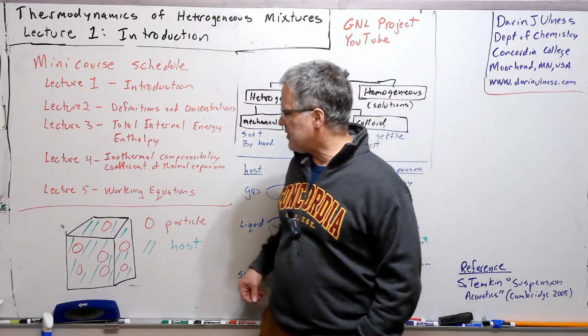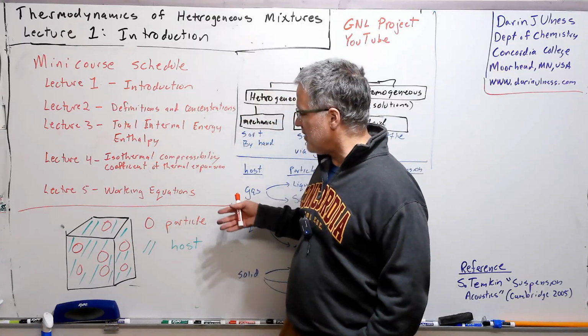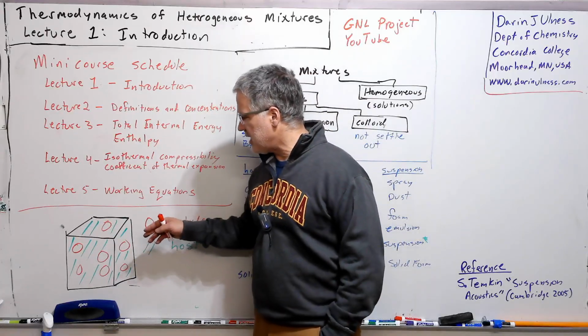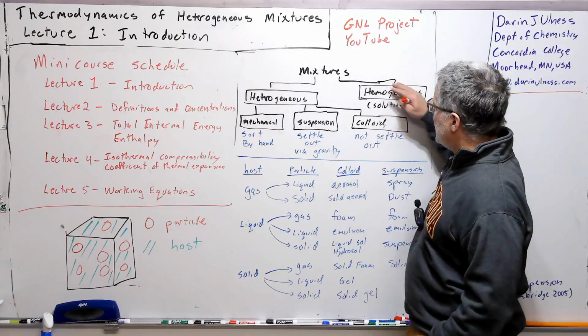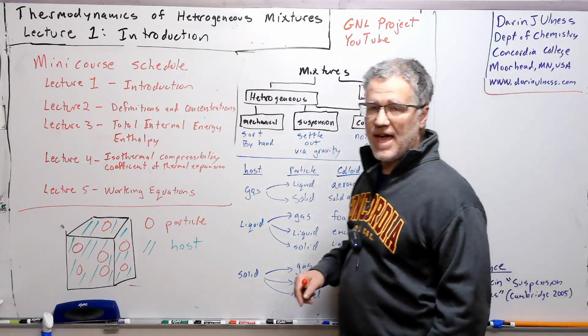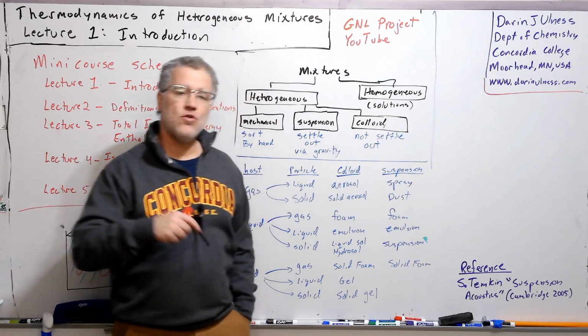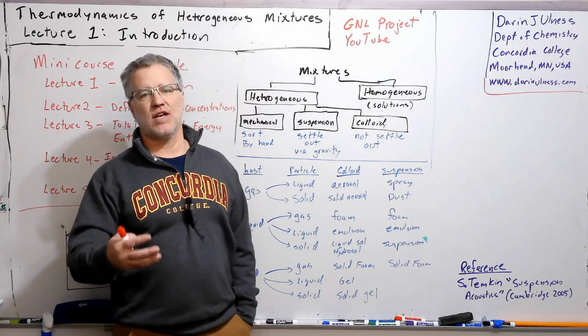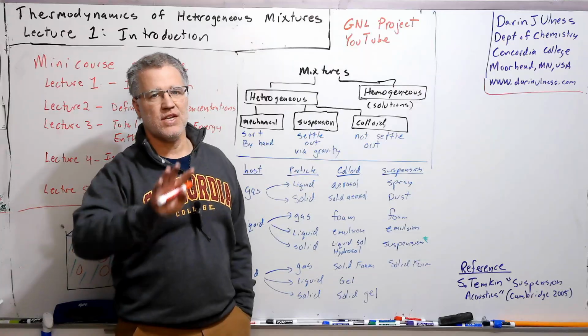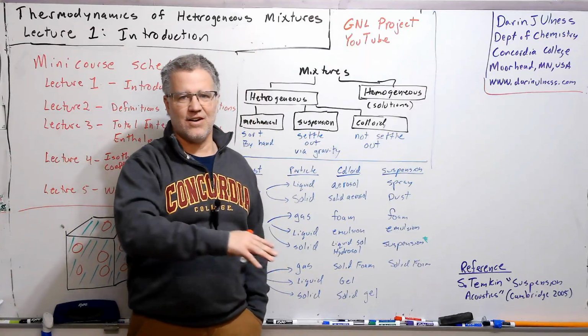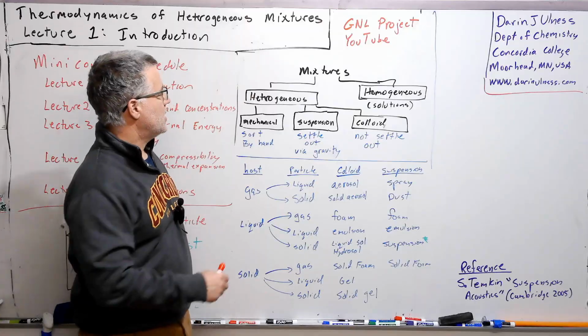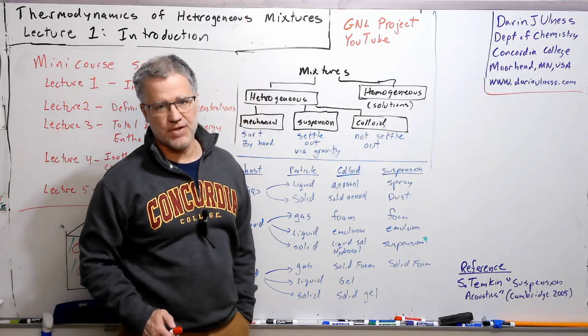Okay, so let's talk about what we're talking about here. We're going to be talking about mixtures, and mixtures break into 2 basic categories: homogeneous mixtures, where things are mixed at the molecular level, and these are called solutions. We certainly, in other courses, will talk about solutions, but here we're focused on heterogeneous mixtures.